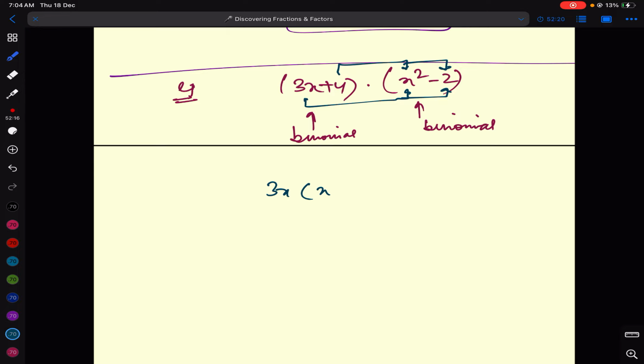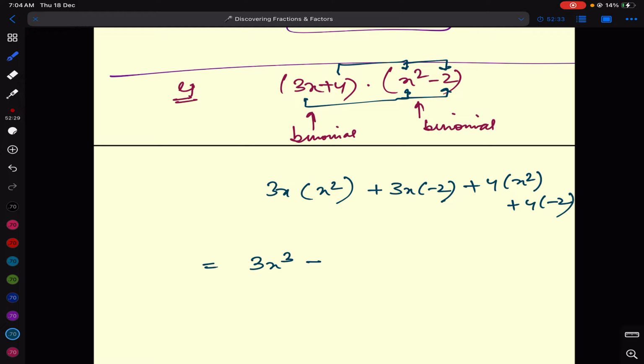So 3x multiplied with x square plus 3x multiplied with negative 2, and then 4 multiplied with x square, 4 multiplied with negative 2. So this will be 3x cubed minus 6x plus 4x square minus 8.